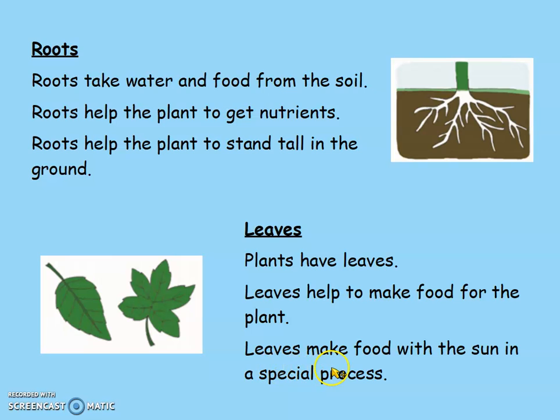Leaves make food with the sun in a special process. What colour are the leaves? That's an extra sentence that the author could have used. The leaves are green. You might want to use that in your writing.